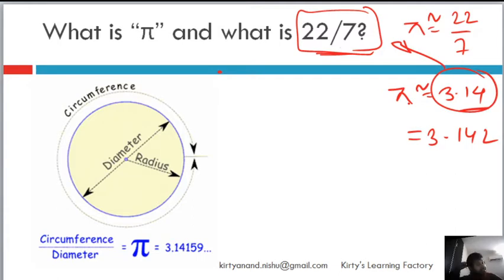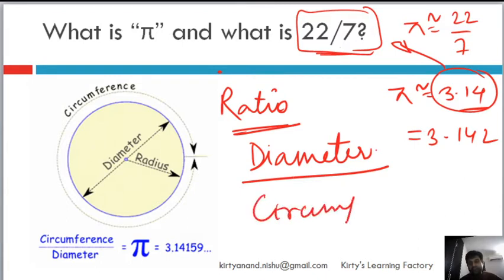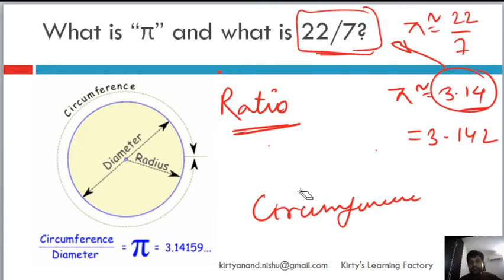Then what is pi? Pi basically is a ratio. You draw any circle in the world, take its diameter, measure the length of the diameter, and then measure the length of the circumference, and then you take the ratio of the circumference to the diameter.